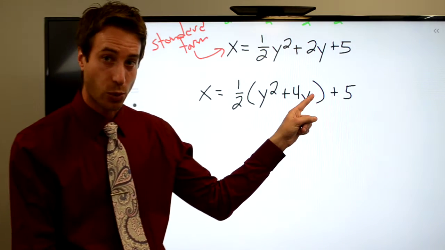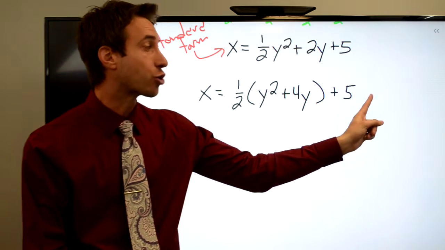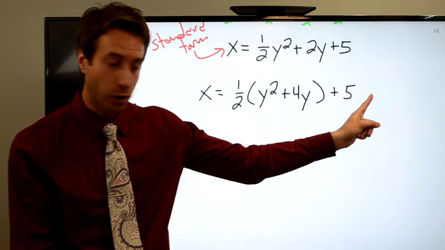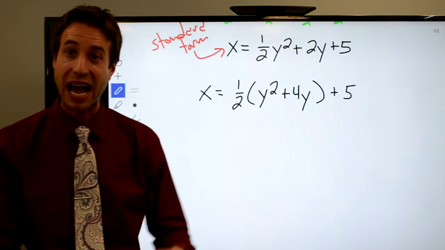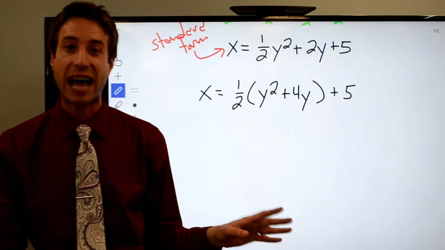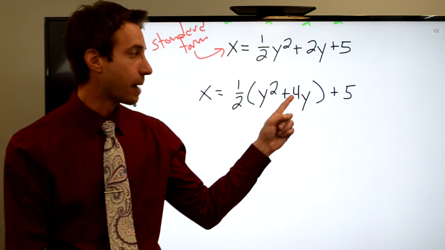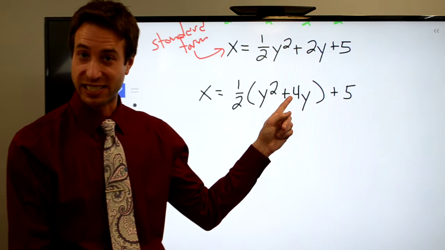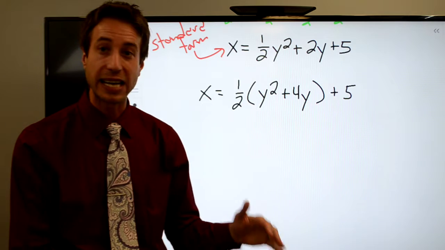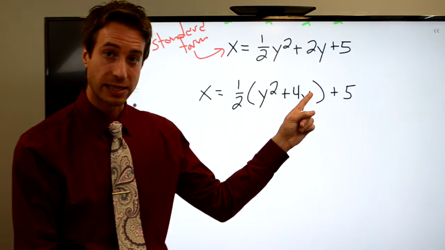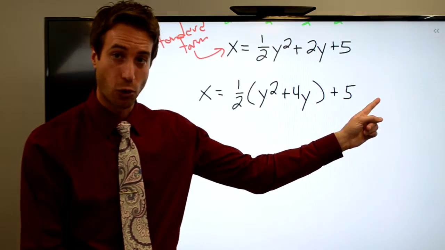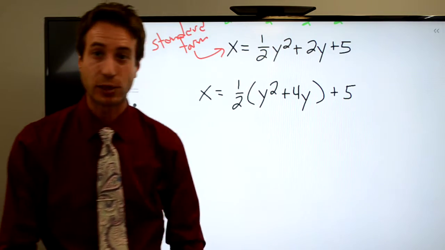Now what I'll do is I will complete the square. I will add b squared over 4 inside, subtract b squared over 4 on the outside, but I got to put back the 1/2 that I pulled out. We should be able to do all of that in one shot, right? Here's my b. 4 squared is 16. 16 divided by 4 is 4. So I'm going to add 4 inside, subtract 4 outside, and put back the 1/2 I pulled out.